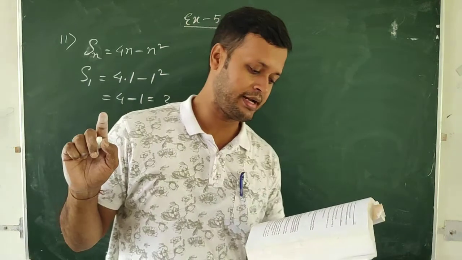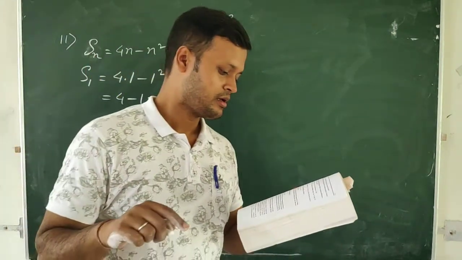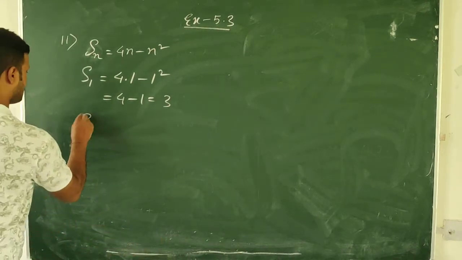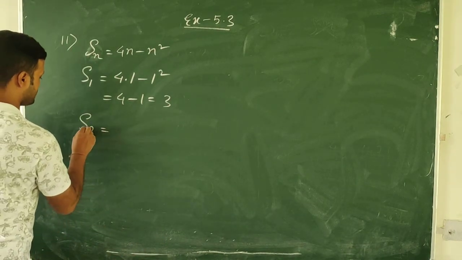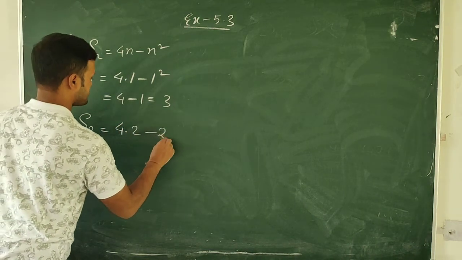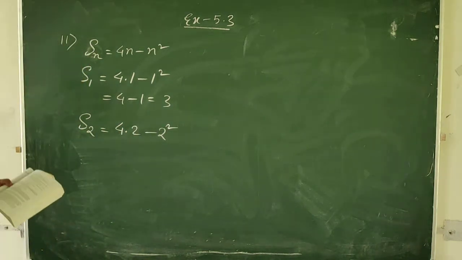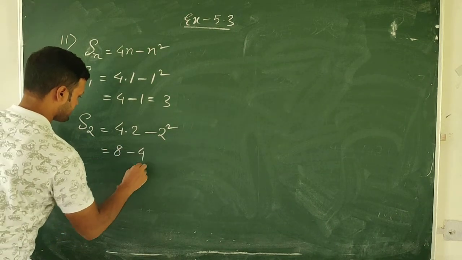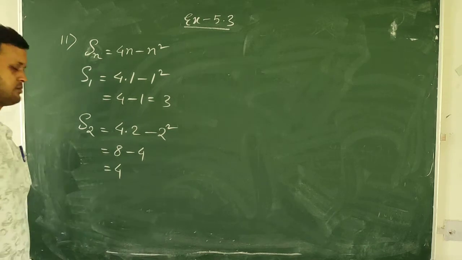And now we need to find out the sum of the first two terms. That is S2. S2 is 4 into 2 minus 2 square. 8 minus 4, that is 4.